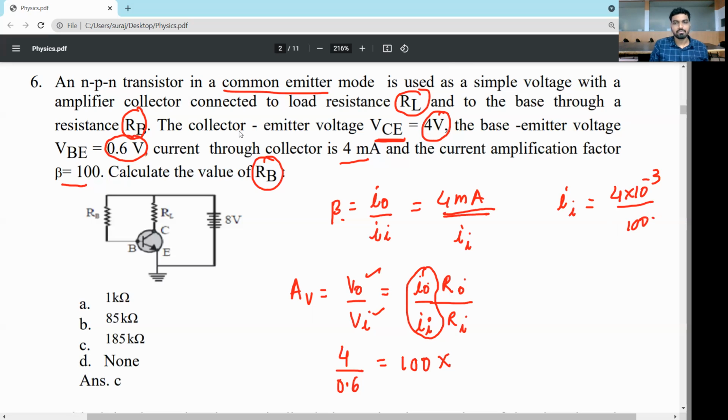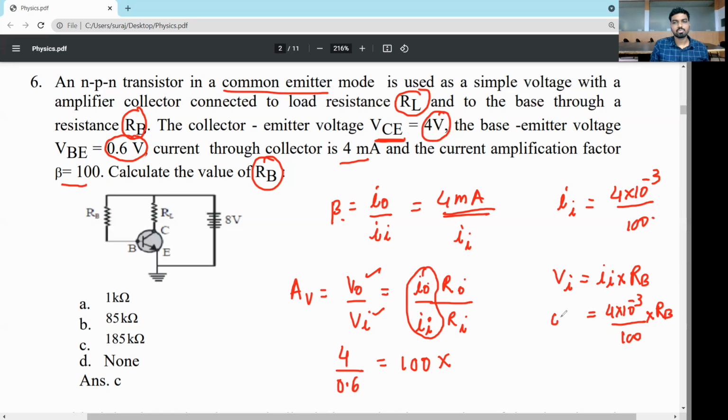Now V input equal to I input into R of base. 4 into 10 power minus 3 divided by 100 into R of base.